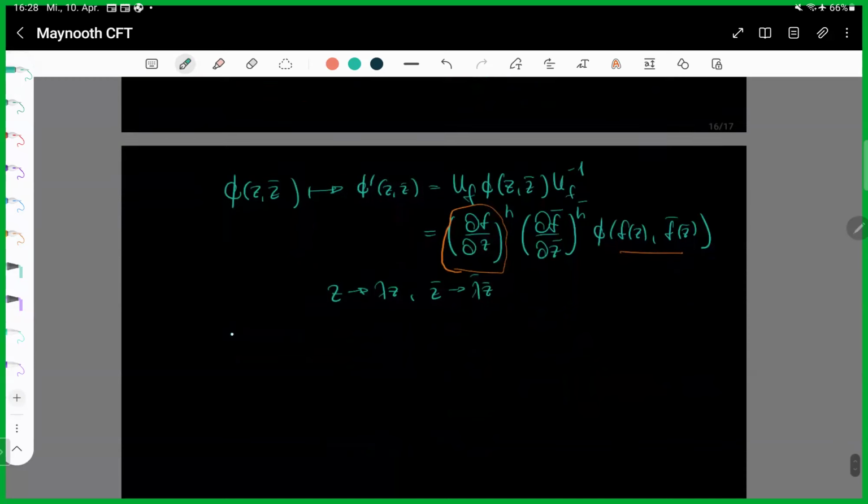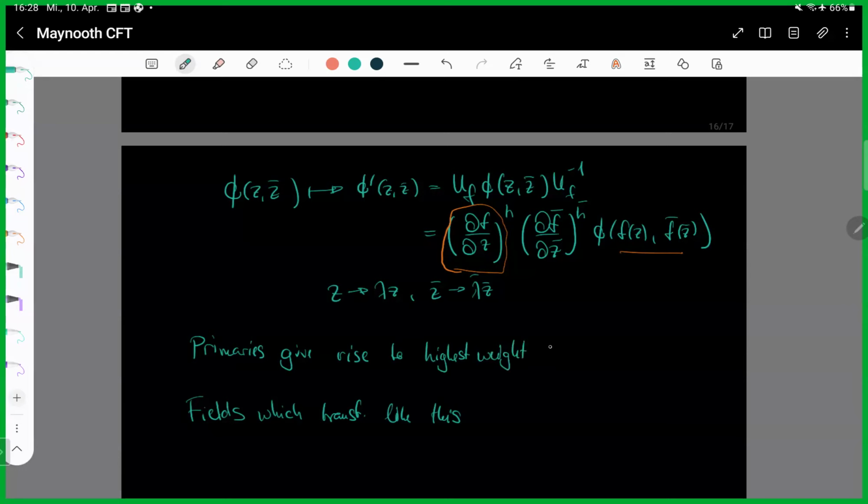Actually, before I do that, let me just state: primaries give rise to highest weight states. But I have not explained to you yet what I mean by a state, so for now just keep this.